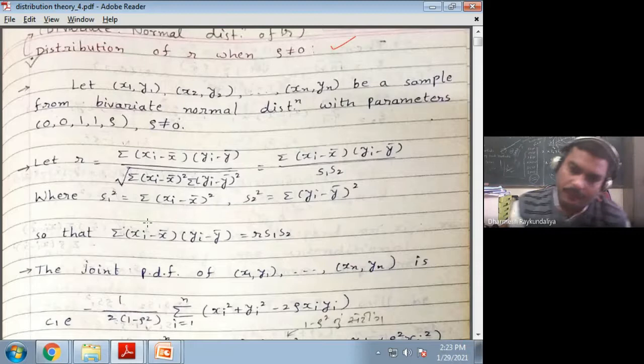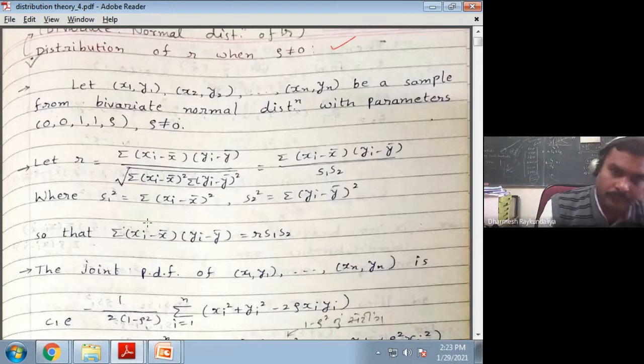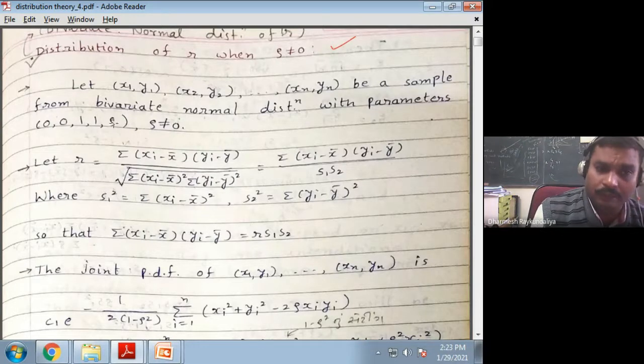So the distribution of R when rho is not equal to 0 is a non-null distribution. Earlier, when you substitute rho equal to 0, x and y are both independently normal 0, 1. Here, because the population correlation is not 0, x and y are jointly bivariate normal.